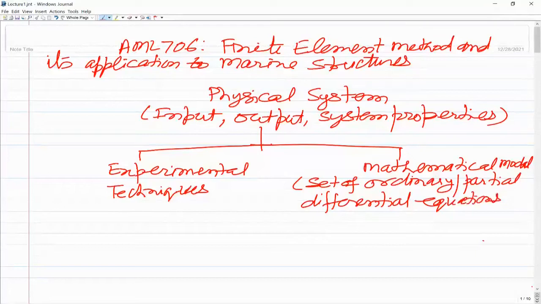And in addition, these may be appended with algebraic equations. Sometimes only differential equations may be there, either ordinary or partial, or sometimes only algebraic equations. So that is an algebraic relationship between the input and output.